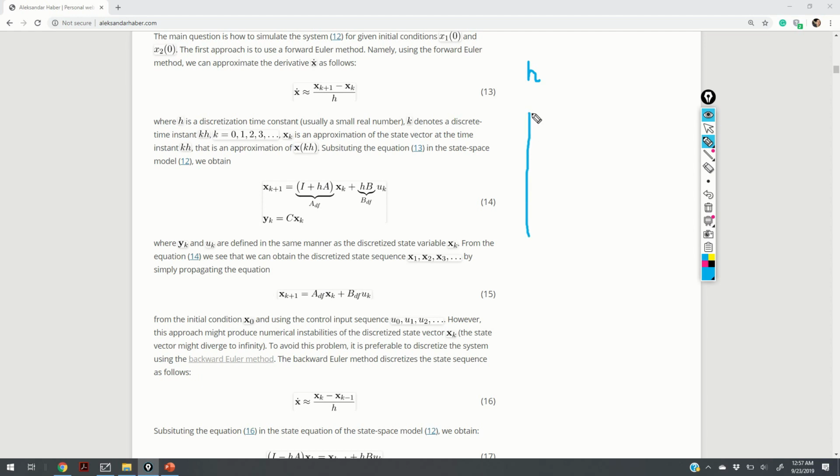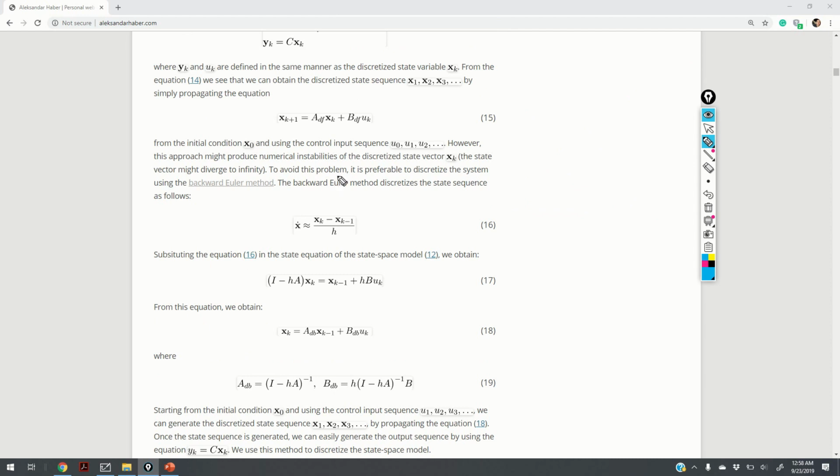So we can represent this graphically. Let's say this is a true system behavior, let's say the displacement behaves like this. If h is not selected to be a very small number, the simulated trajectory will diverge and it will go to infinity and the whole method will explode.